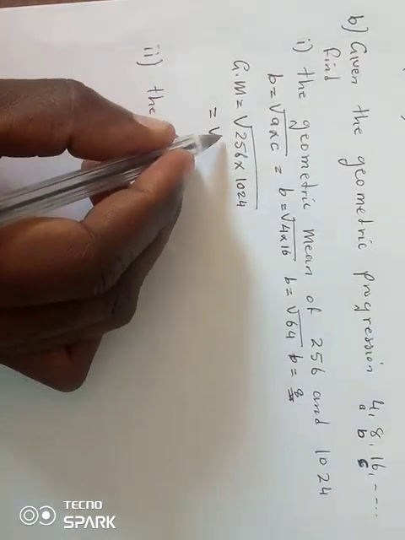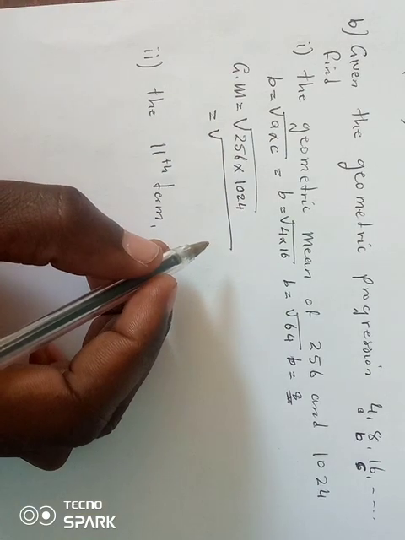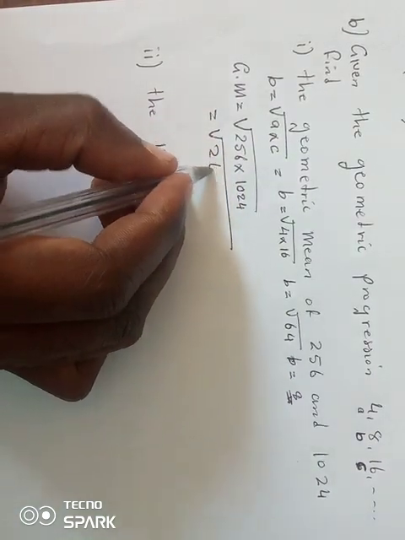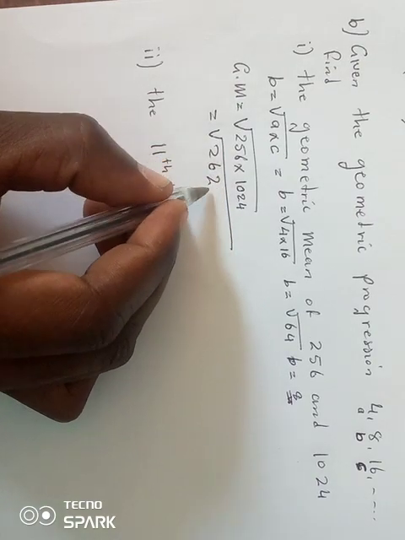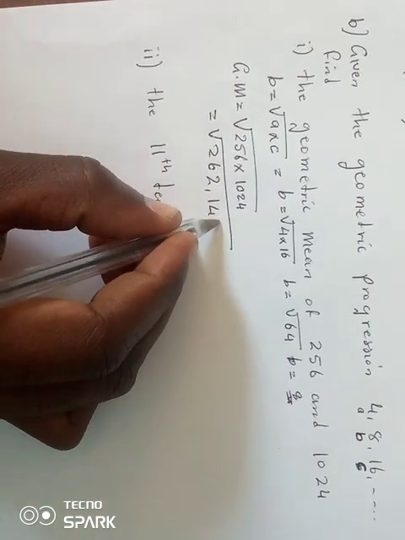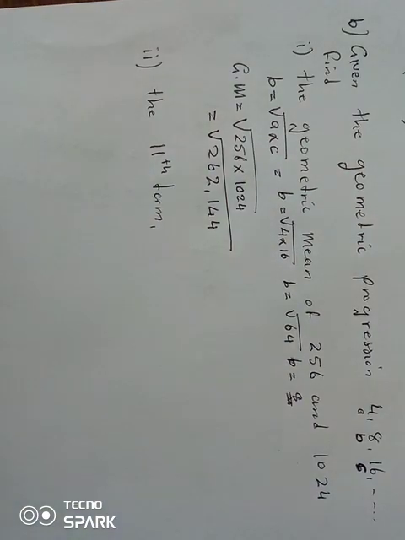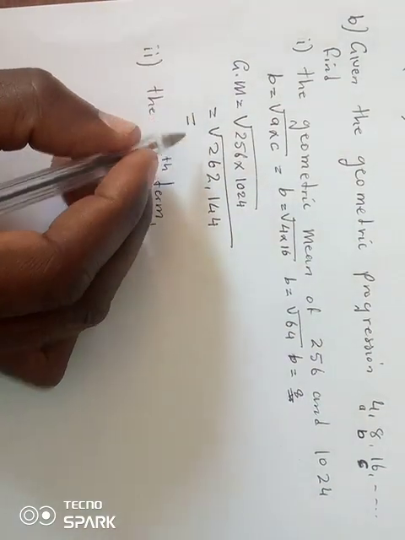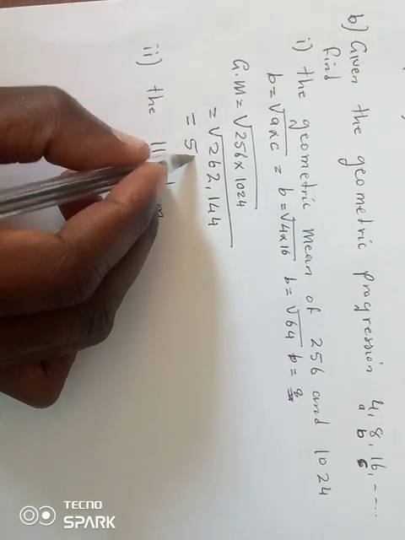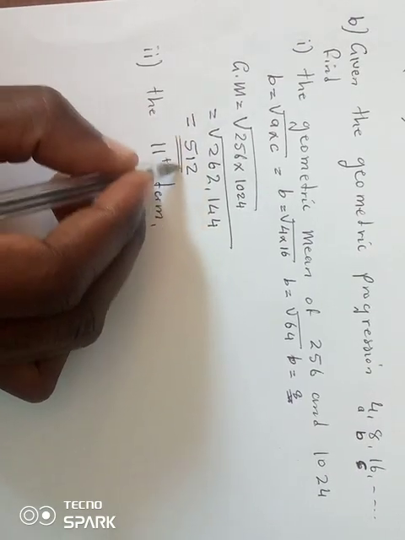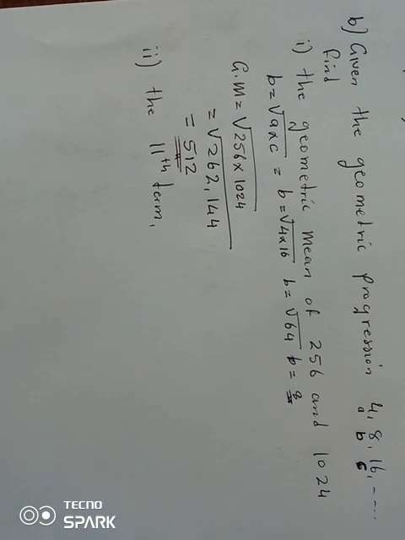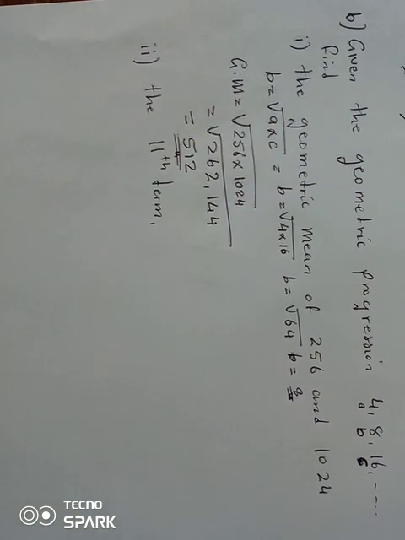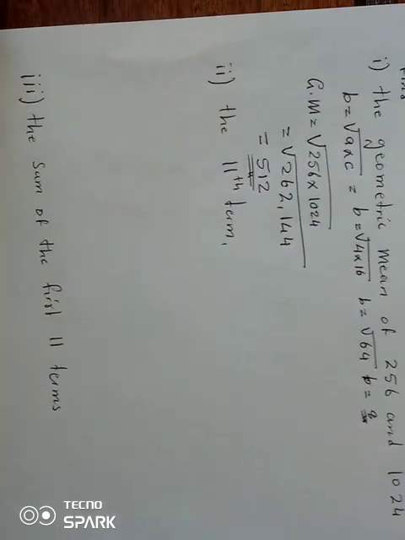So that will be 262,144. Square root it, you'll find the answer 512. So that is our geometric mean.